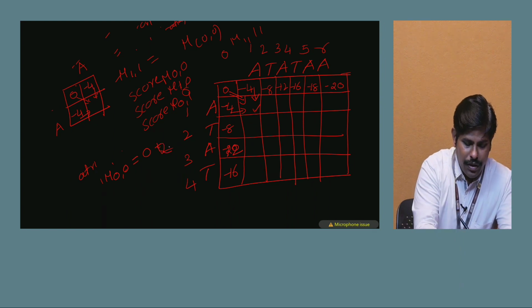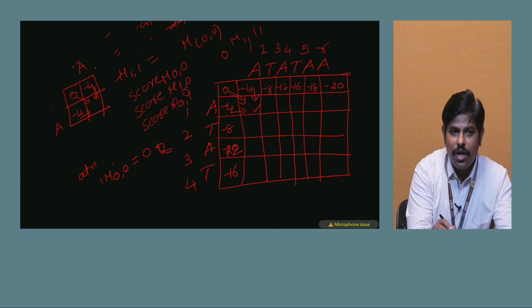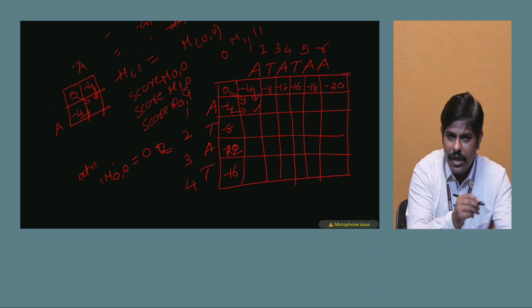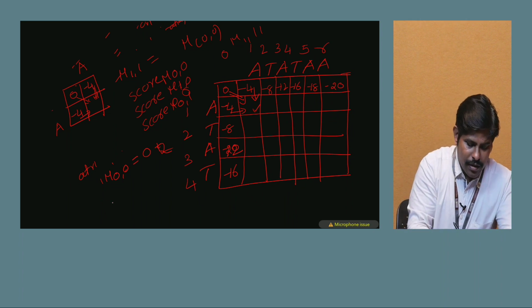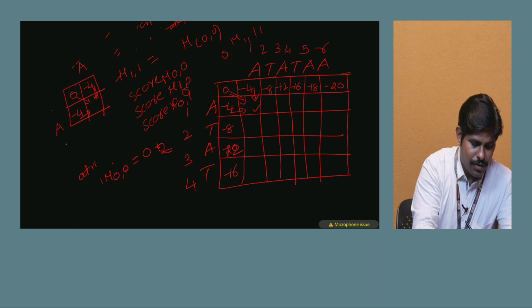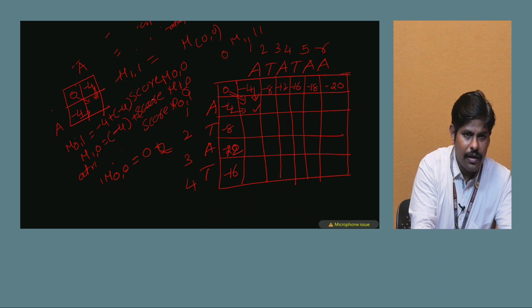And if I want to take score from M01 or M10, that means I move in the horizontal or vertical direction, and in that case simply gap scores are added. For M01, minus 4 is already there, then add minus 4. Similarly for M10, minus 4 is there, so add another minus 4.